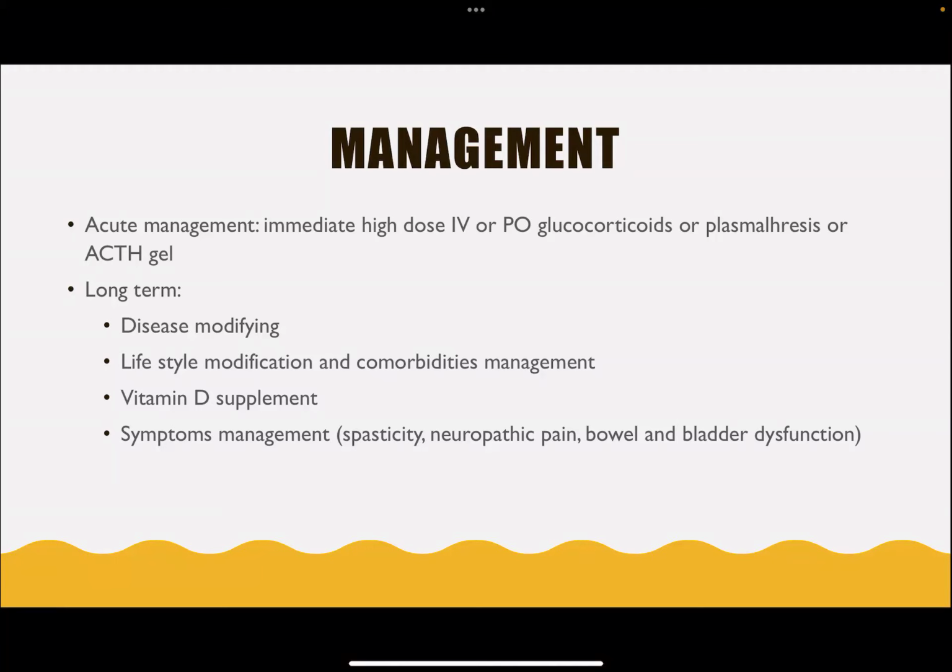For example, if the patient has cardiovascular disease, we should treat it, give them the treatments required. Vitamin D supplements and symptoms management, like for spasticity, neuropathic pain, bowel and bladder dysfunction. There is no cure, but we can manage the symptoms and avoid the flare-ups.